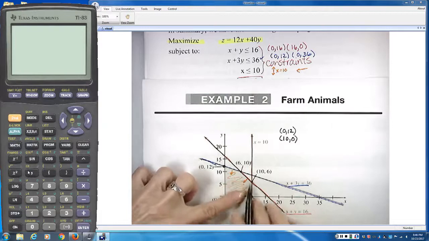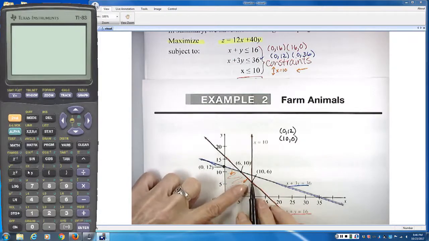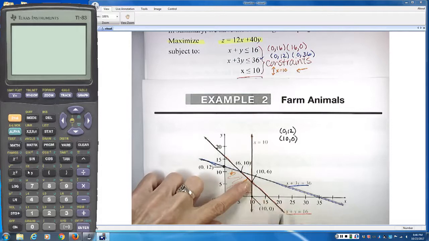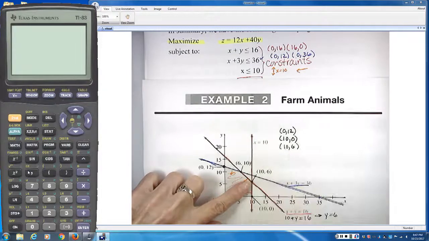You could solve this one by doing a matrix, but you don't need to because you know that x is 10, so all you really need to do is plug in 10 into this. And you know that y is equal to 6. So you didn't need a matrix for that one.